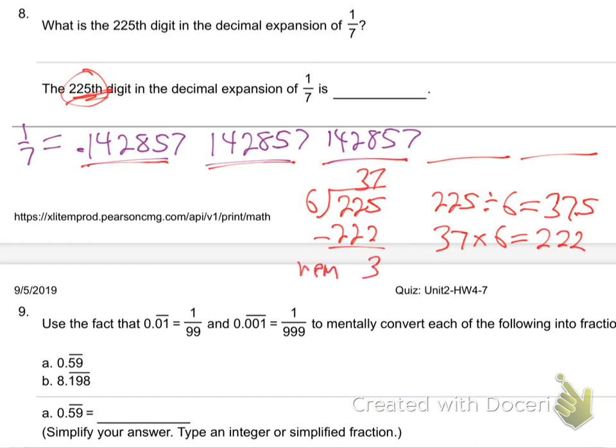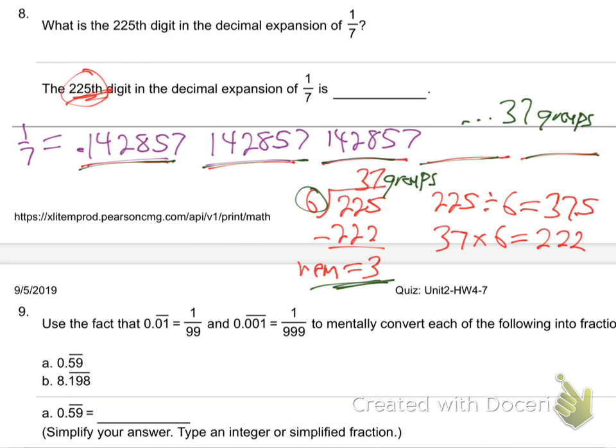Subtract. That's the remainder. So what does that mean about our answer here? That means there's 37 groups of 6 digits. So you do all 6 digits, all 6 digits, 37 groups of this. And then in the last group, there's a remainder of 3.